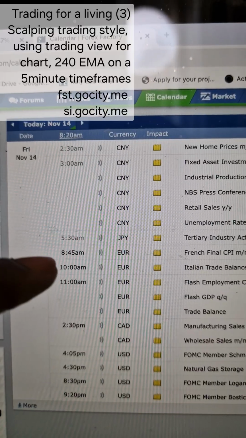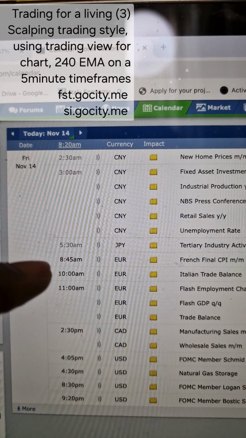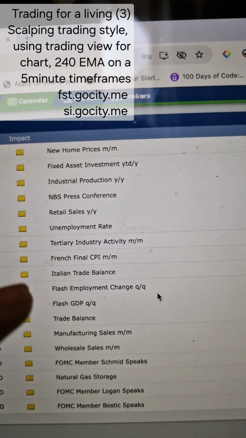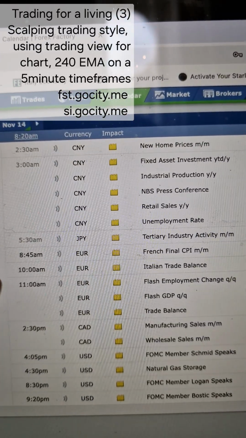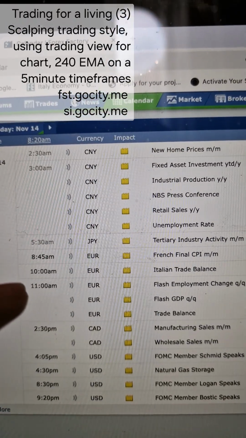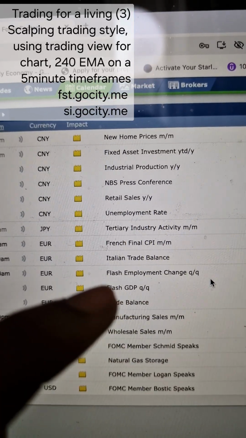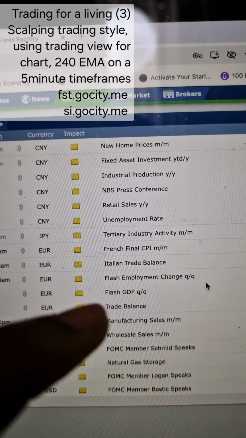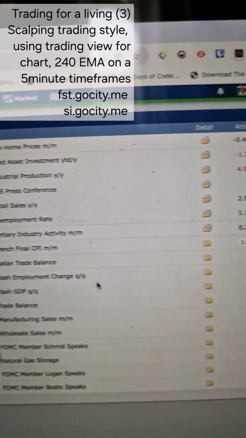And also in 10 a.m., 11 a.m. and etc., there are also going to be Italian trade balance releases. 11 a.m. there are going to be flash employment changes, flash GDP and trade balances.